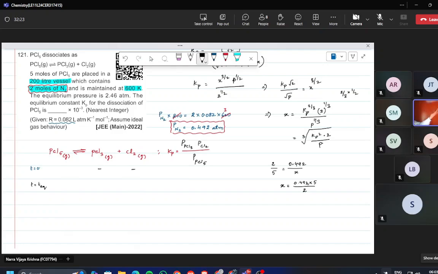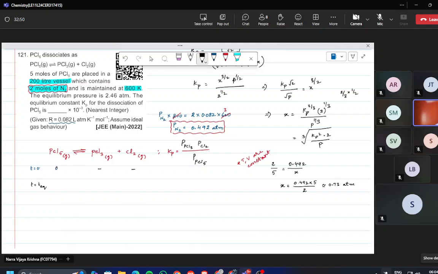That's what I am doing. Correct or not? Reason: T and V are constant. Now, find this value. 0.73 atmosphere.